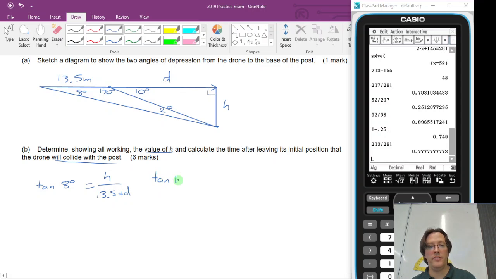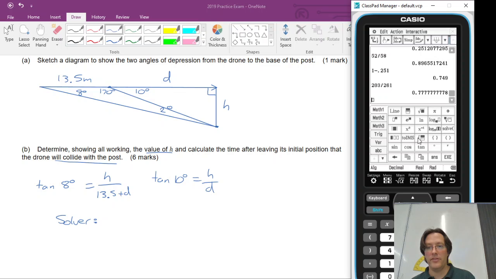Tan of 10 degrees is going to be h over d. So what we need to do is we use solver, and it's fine to just say we're using solver. We get out this, we do use simultaneous equations there, and make sure I've got my thing set to degrees because we were looking at radians before earlier in the piece.